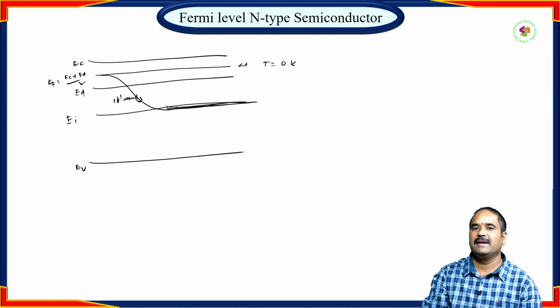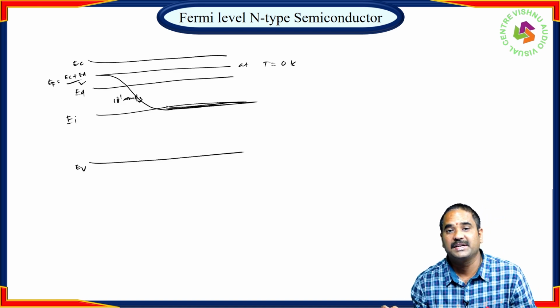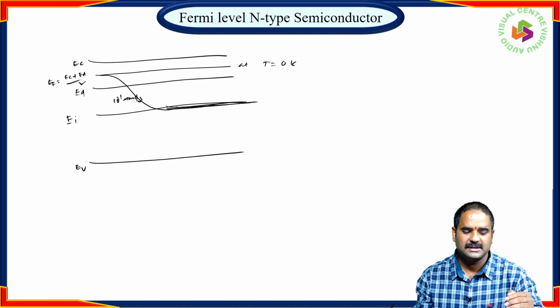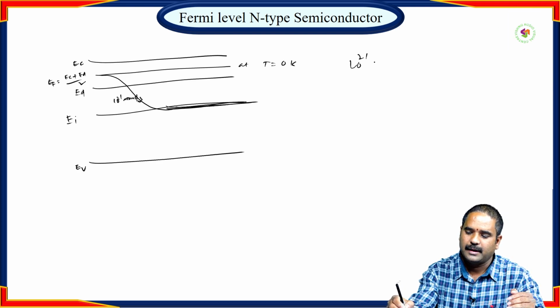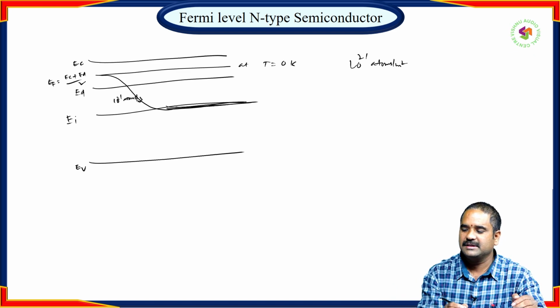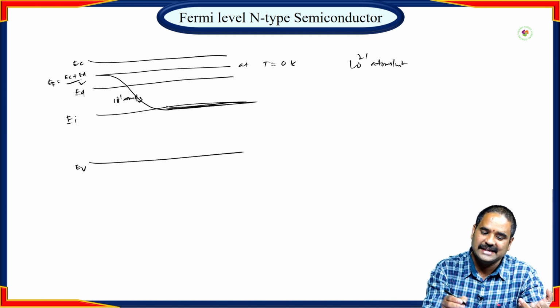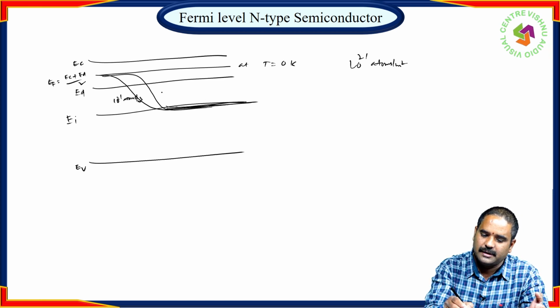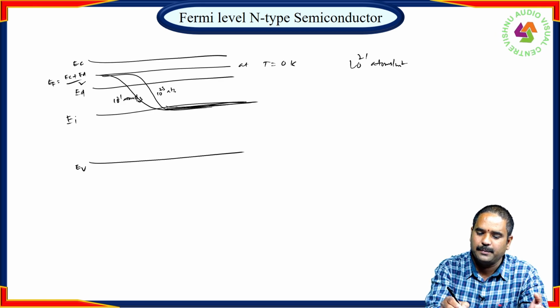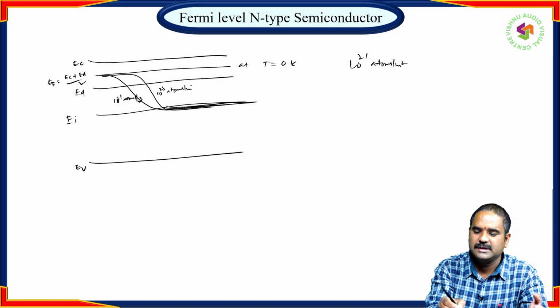This means the Fermi level also varies with the donor concentration. If the donor concentration increases, that is N_d equals 10 to the power of 23 atoms per meter cube, this is the variation.